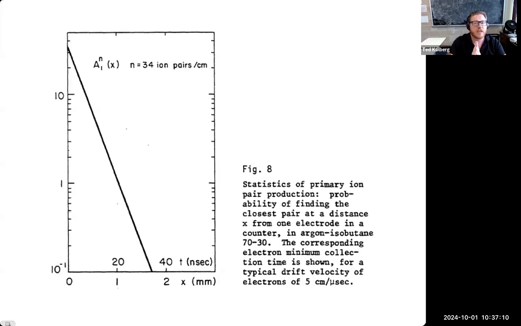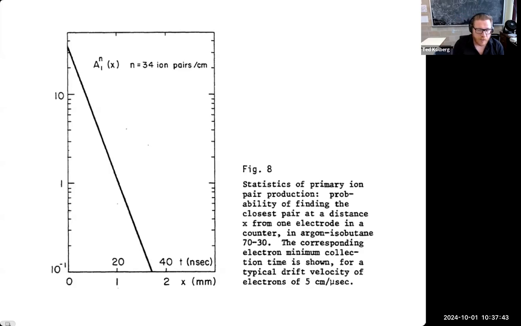If I measure the distance between that track and the point of closest approach on that track to the nearest wire, even if that's always the same, the statistical nature of the process means that the actual location of the nearest primary ionization event to the wire is not always going to be the same, even if the trajectory of the particles is. And that puts an upper limit on how good the time resolution of the chamber can be.